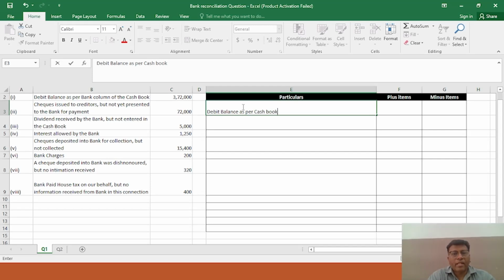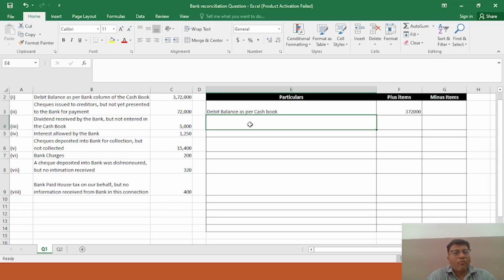So you have to find exactly what the balance of the bank column in the cash book is, and you find there is a debit balance, and you have to write it here, 372,000.